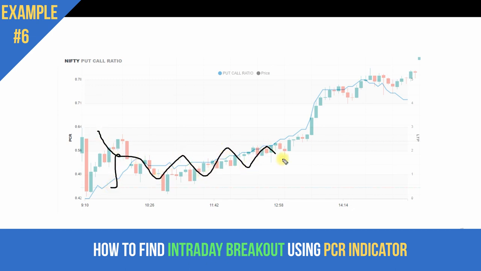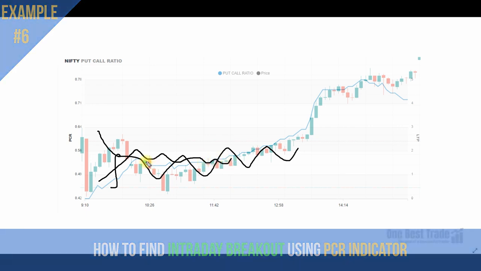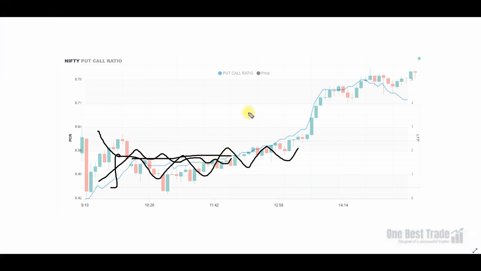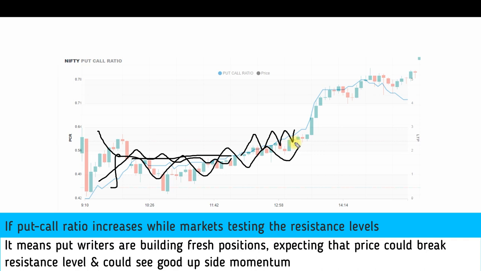But if you look at the PCR indicator, which is also almost trading within a range, but after some time it breaks the day high and started trending up, so making higher high, higher low. So this indicates potentially the price could break out, and the moment price breaks the day high, the price rallied. This is how we could spot or identify breakouts using PCR indicator.